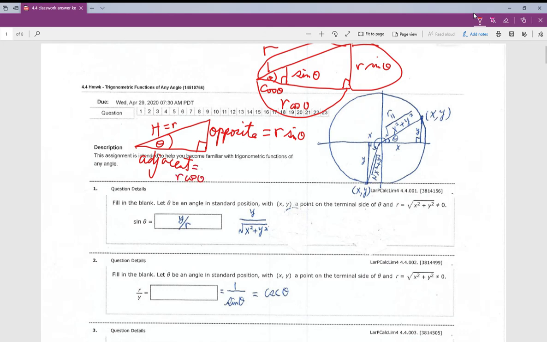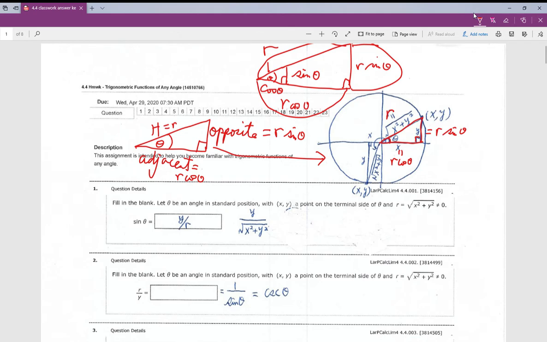Now, if you move this triangle to the coordinate system, you are going to deal with x and y. So x will be r cosine theta. Y will be r sine theta when the radius is r.